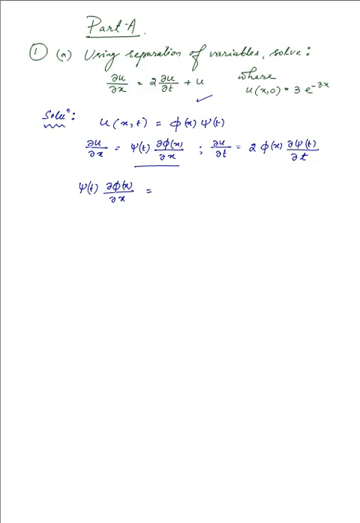Well, actually, del u over del t won't be having that 2 because we will be using that 2 in this equation, so this 2 comes up over here, and del u over del t is simply phi x times del psi t over del t. And for the last bit, we have the value of u that we are going to put as phi x psi t that we have taken the form.